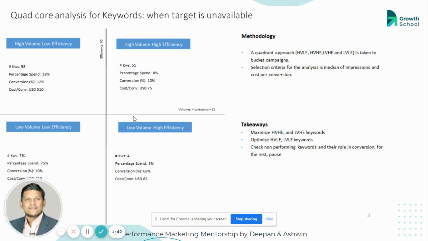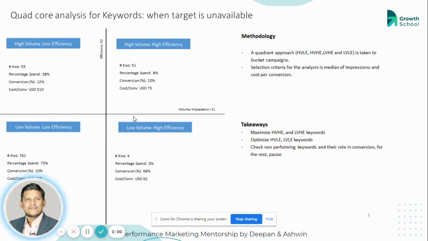We have given these suggestions, but they wanted to know what exactly you mean by maximize. How are you going to maximize the outcome of these campaigns? For that, what exactly do you need to do?